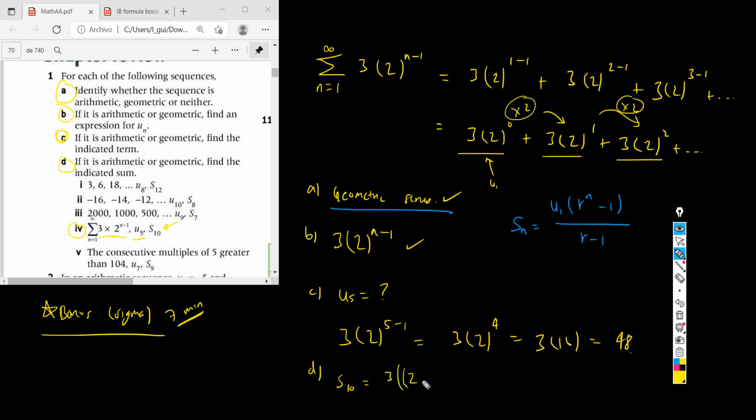So that's going to be 2 to the n, which is 10, minus 1 over the ratio minus 1, which is 2 minus 1. That's it. Whatever this calculation is, that's going to be the solution to this sum. And that's it. That's how this works. And that concludes problem number 1.